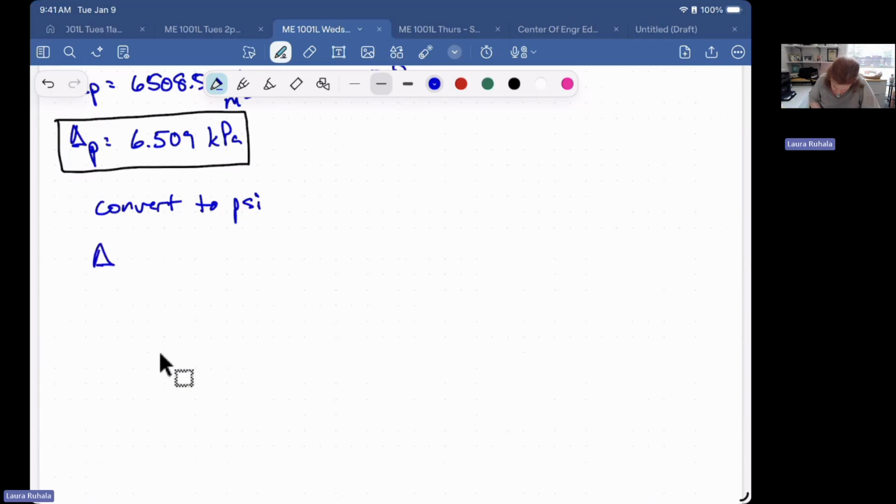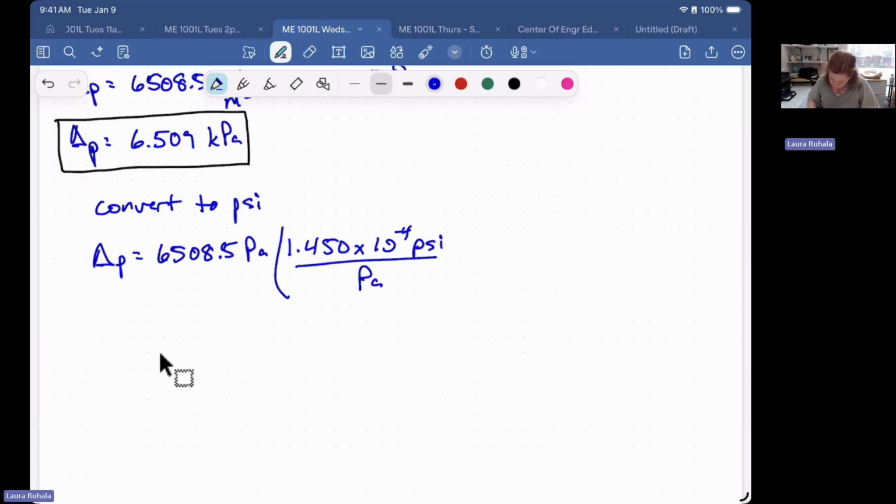So delta P is equal to 6508.5 Pascal times 1.450 times 10 to the minus 4 PSI per Pascal. So my delta P is 0.944 PSI.